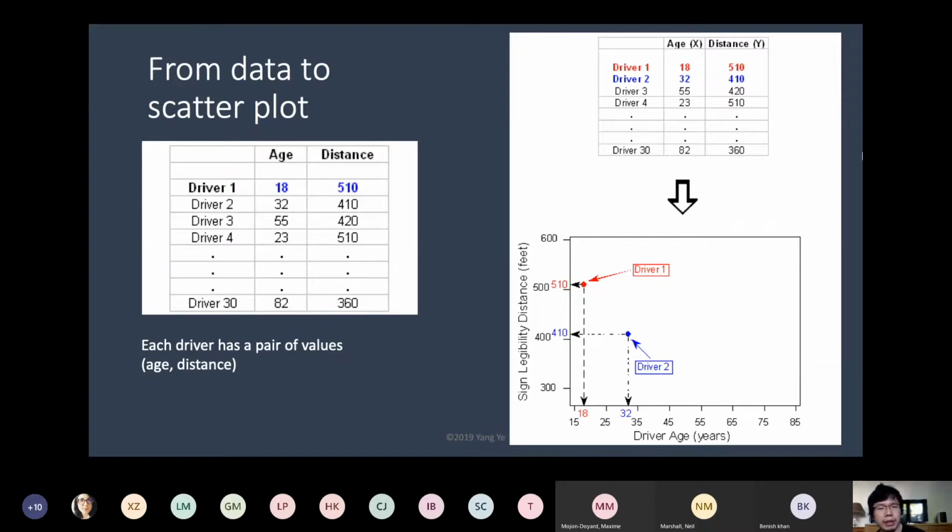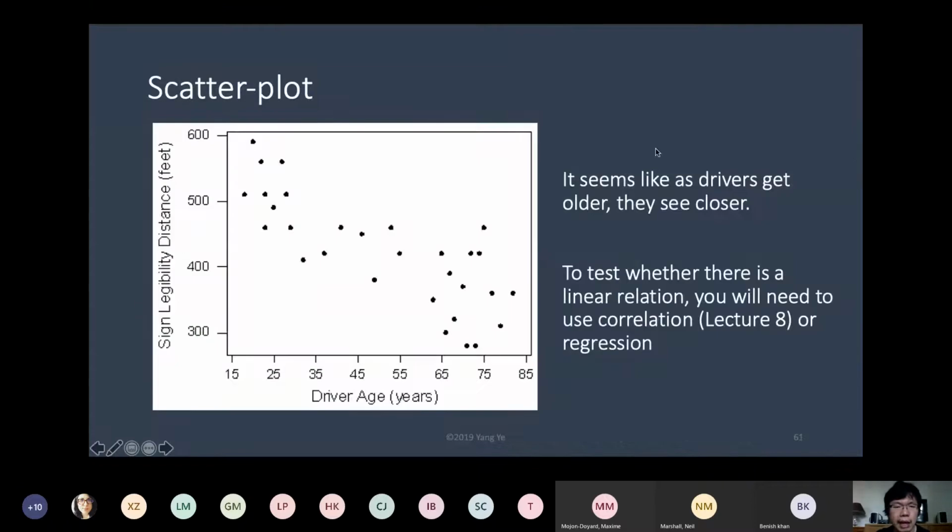The driver 1 with an age of 18, the age is now mapped onto the x-axis, and the sign legibility distance is mapped onto the y-axis, and the dot is placed according to this pair of values. And now we can also do that for driver 2, and we can finish that.